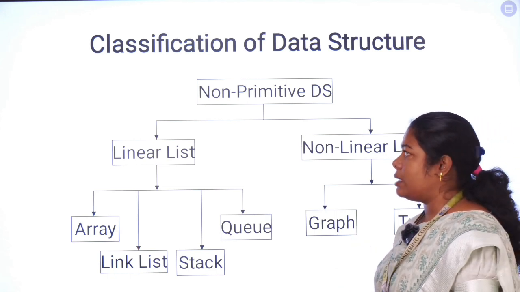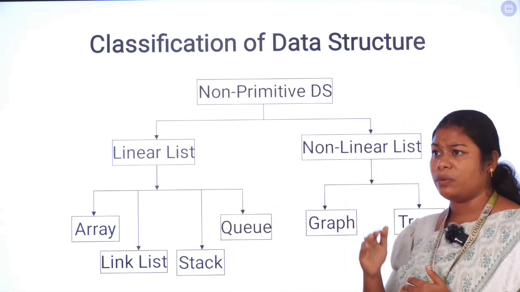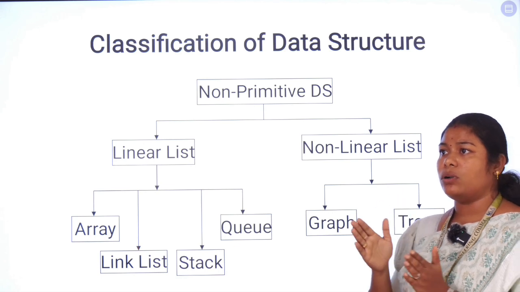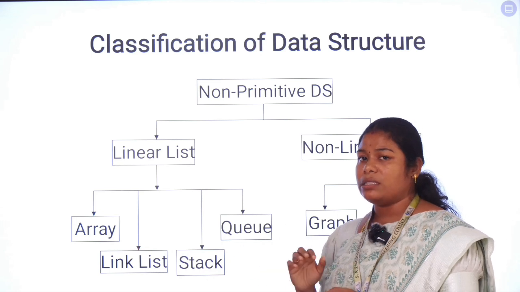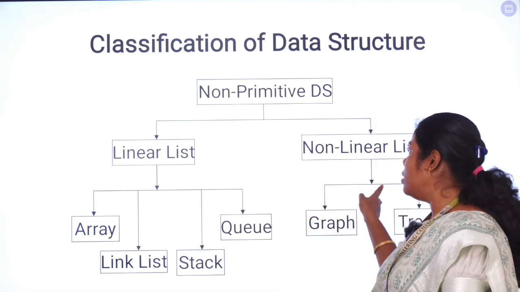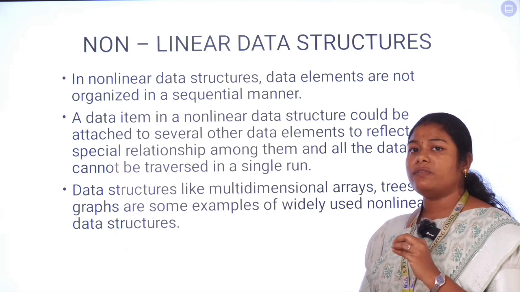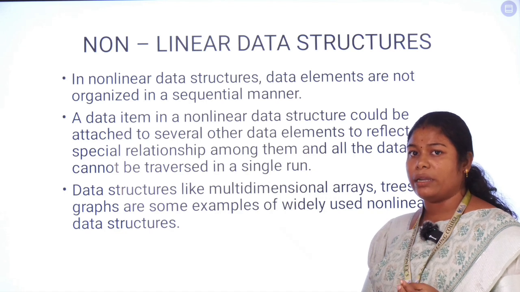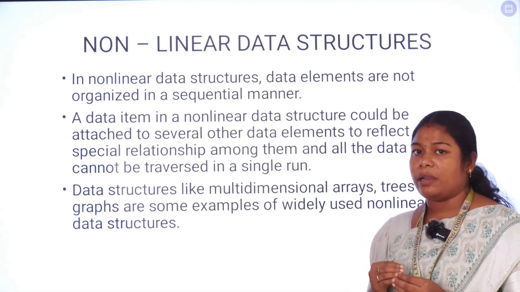Next, what is a linear list? The data are stored in a structured manner, one after the other. That is, it is stored in a sequential manner. That is a linear list, whereas non-linear lists are the data or the information which we are going to store in a non-linear data structure format. It will be stored in a hierarchical manner.